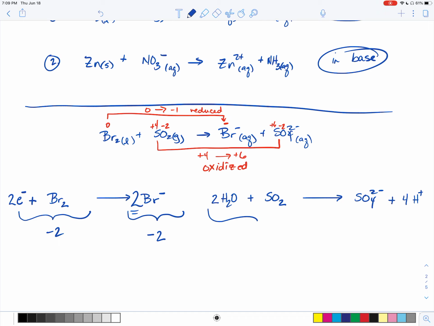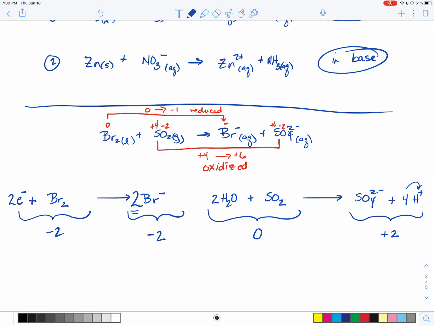Same thing over here. We're going to look at the charges on both sides. Right now on the left of this reaction it's 0, but on the right-hand side there are 4 pluses and 2 minuses. That means it's +2. Well, if it's +2 and 0, the only thing you can do, remember, is add negative charges, negative electrons.